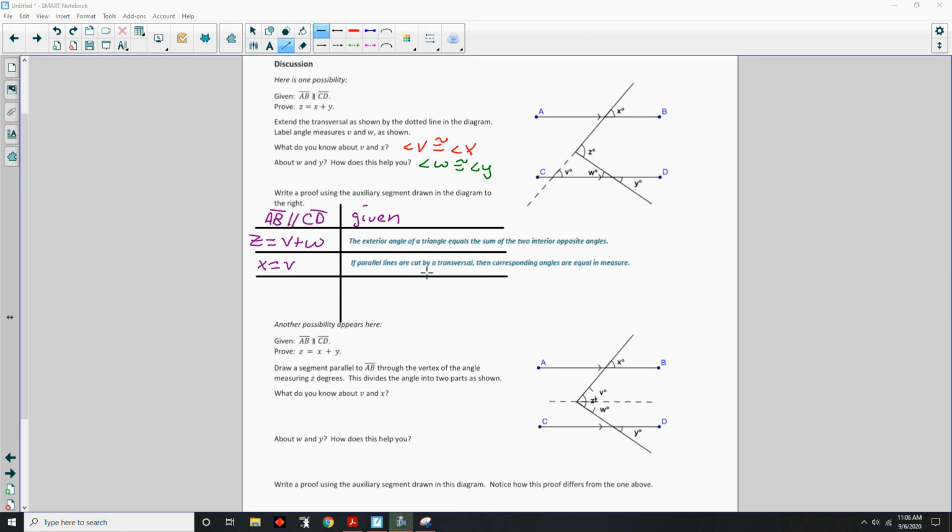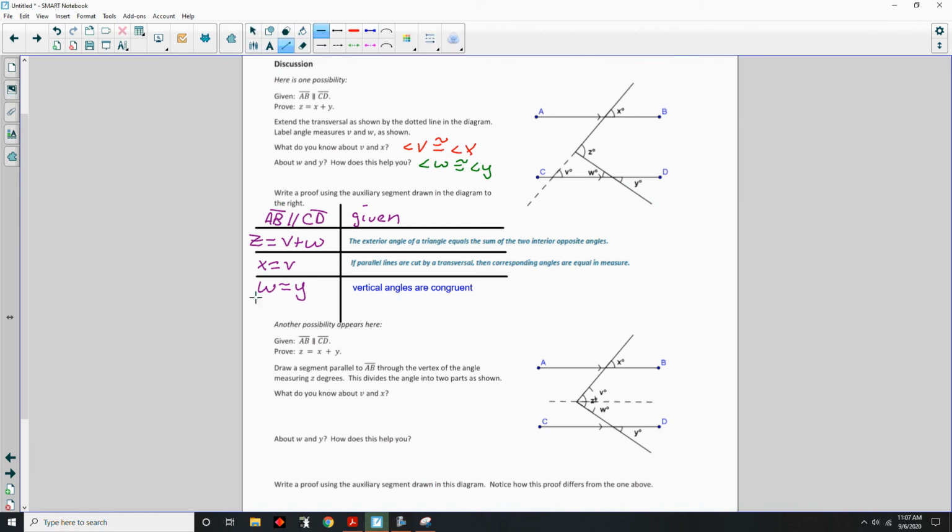Okay, so if parallel lines are cut by a transversal, the corresponding angles are equal in measure. So angle x equals angle v. Okay. Then we can use the green one here. W is equal to y. So then we can say W equals y because vertical angles are congruent. Okay, vertical angles are congruent.